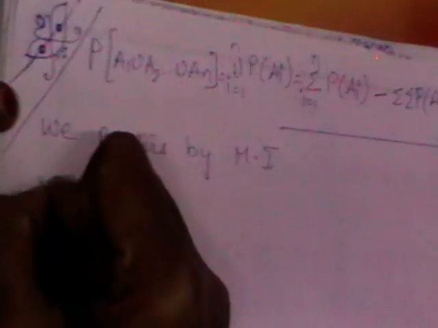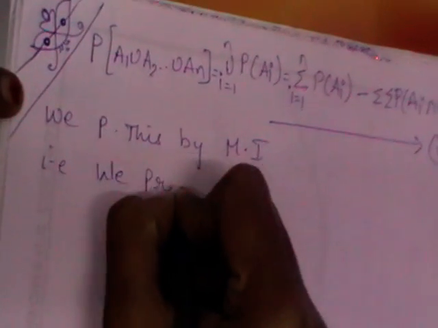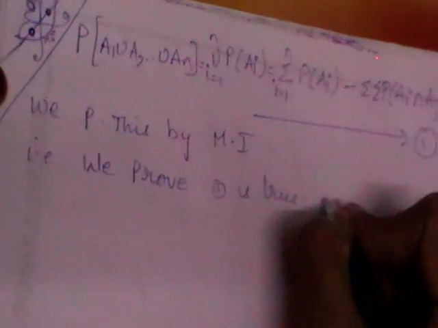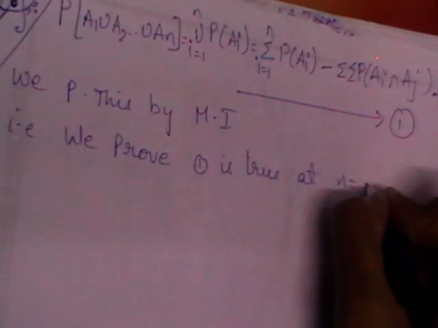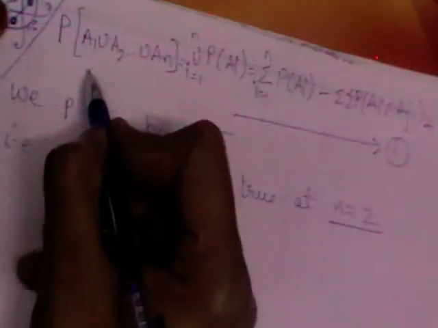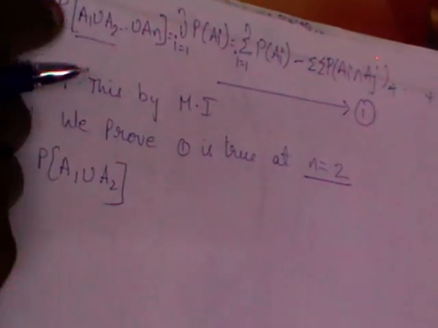Mathematical induction. What is the first step? That is, we prove 1 is true at n is equal to 2. When you put n is equal to 2, I hope you will get only 2 terms. Here you have n.